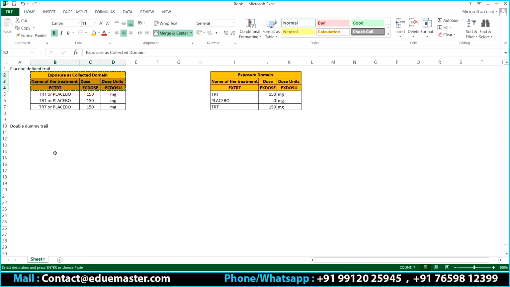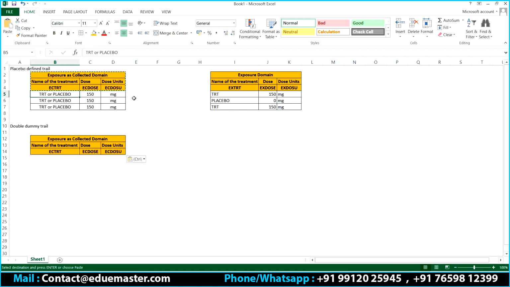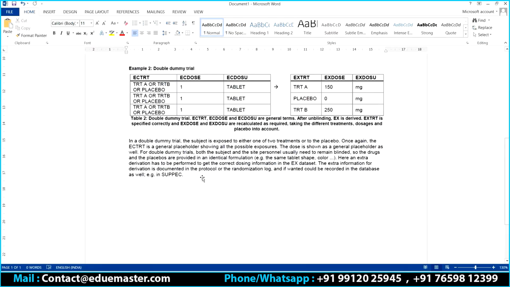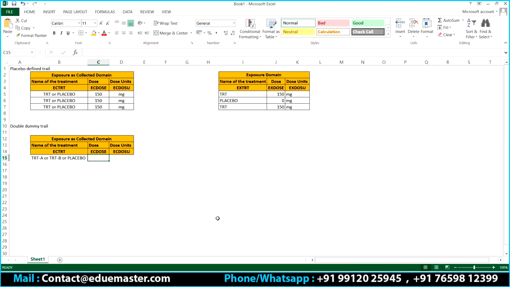So let's copy this. Here I'm going to have either treatment A or treatment B or placebo. Your exposure as collected will give you a generic detail. It can be any one of these.